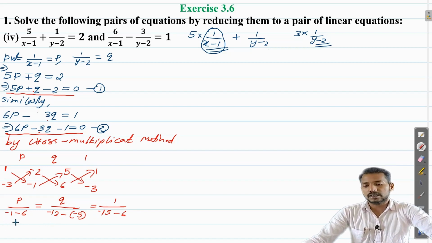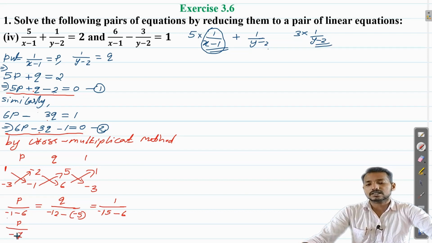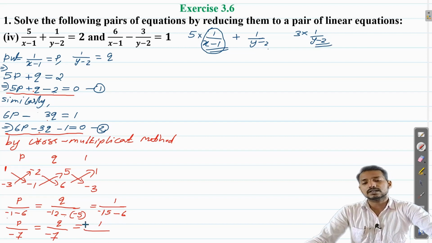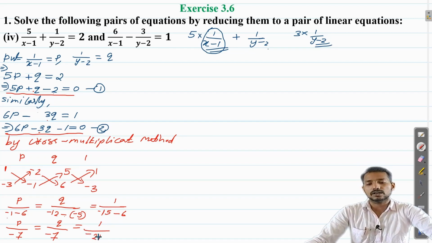So again simplified, p divided by minus 1 minus 6 equal to minus 7, which is equal to q divided by minus 12, minus of minus 5 will be plus 5. Plus 5 and minus 12 is again minus 7, which is equal to 1 divided by minus 15 minus 6, which is minus 21.